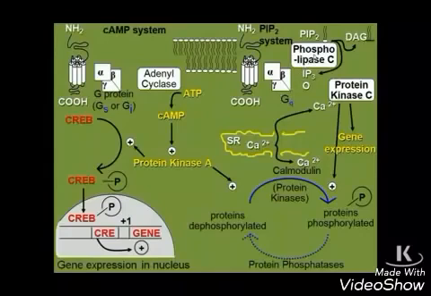Activating GQ is going to activate phospholipase C. Phospholipase C is then going to cleave PIP2, producing IP3, which goes and releases calcium from the sarcoplasmic reticulum, and diacylglycerol, which is going to help to activate protein kinase C, again, and that's going to modify various proteins within the cell. So you can see the relationship between these two and how it's really different pathways, different effector molecules that these types of G proteins are utilizing.